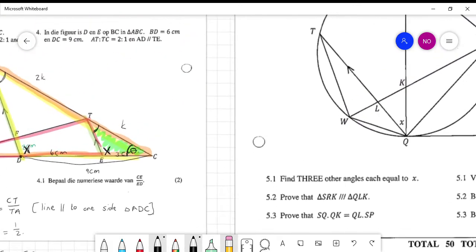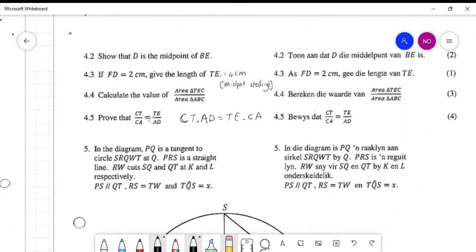If you can't, then it means that you have to prove similarity. Now, we have two different ways in which we can prove similarity. Okay? Angle, angle, angle, or sides proportional. What did I say yesterday about sides proportional? Remember, you have to do all three sets. Okay. So, if you can't find a triangle with those sets of parallel lines in, then you move on to similarity.